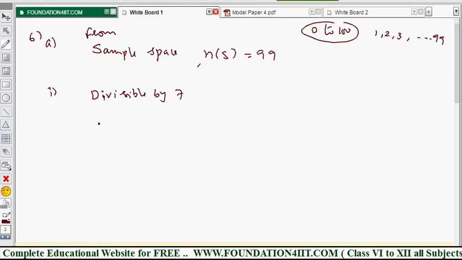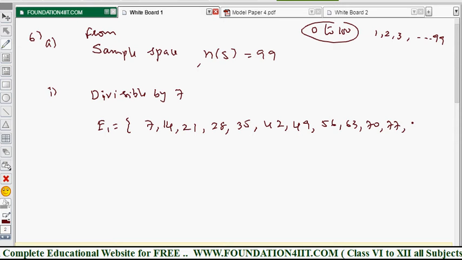Then we can write the favorable cases, E1, starting with the first number itself, 7. 7 table: 7, 14, 21, 28, 35, 42, 49, 56, 63, 70, 77, 84, 91, 98. That's it. These are the numbers divisible by 7 within 0 and 100.